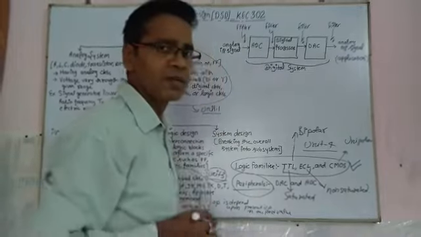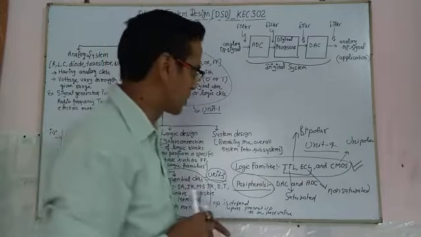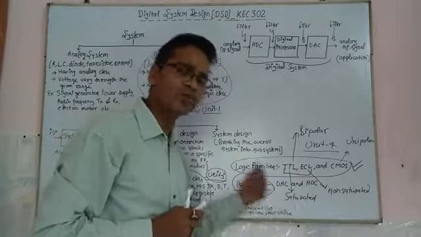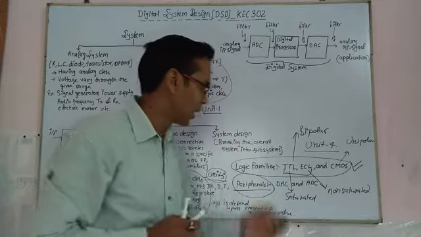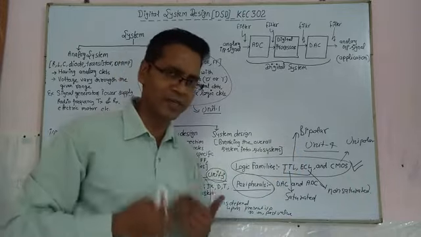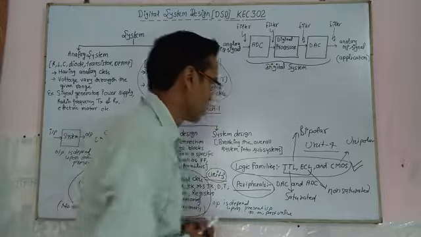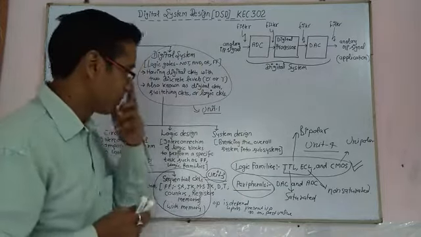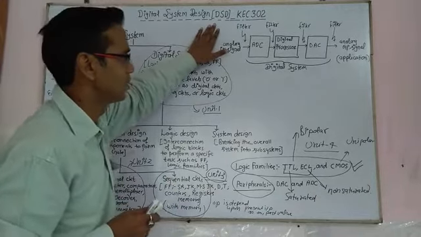In the real world, everything is analog. That's why we study this unit 5, under which we will learn how to convert an analog signal into a digital signal, and a digital signal into analog form, so that we can better understand the meaning of signals. So this is the syllabus scenario of your digital system design.